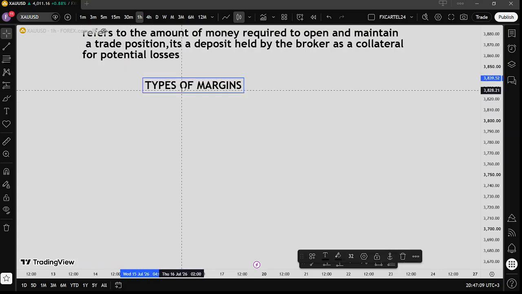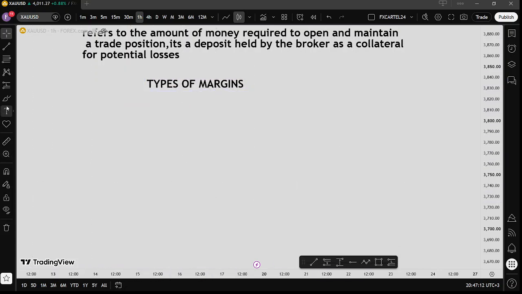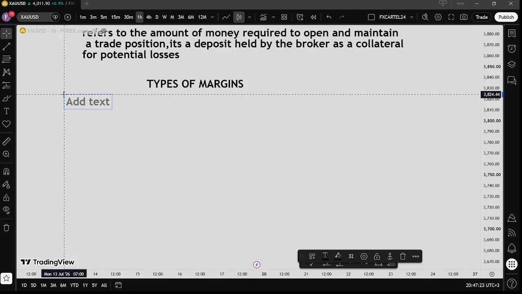You are going to understand a little bit deeper about those margins. Anyway, I was explaining something, but it is already here. So we do have what we call initial margin. We do also have what we call maintenance margin.